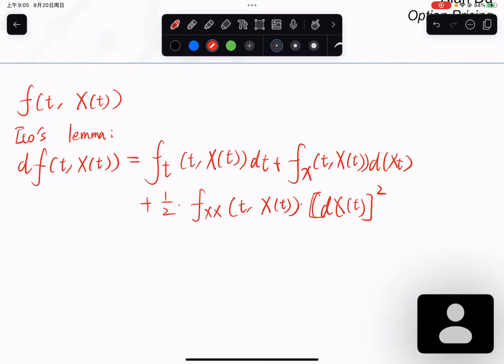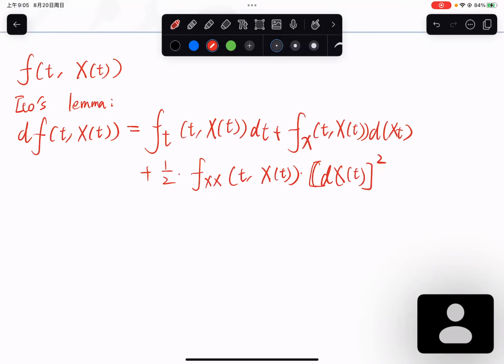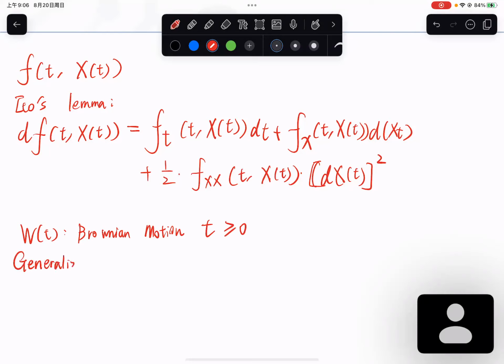Let's think of a general process. We define W_t, which is a Brownian motion, where t should be larger than or equal to 0. And now we are going to introduce the generalized geometric Brownian motion. So why do we need that?